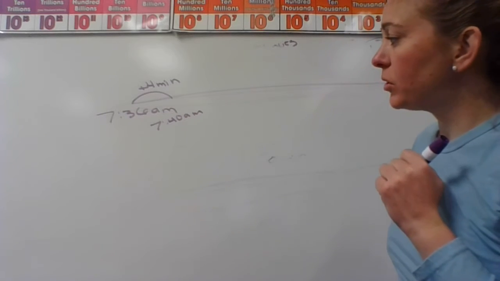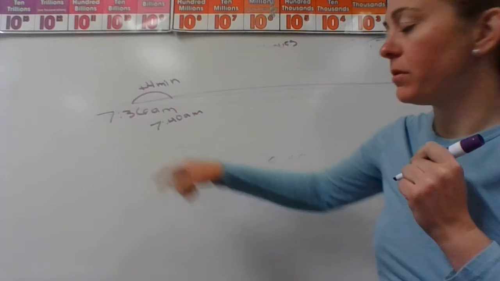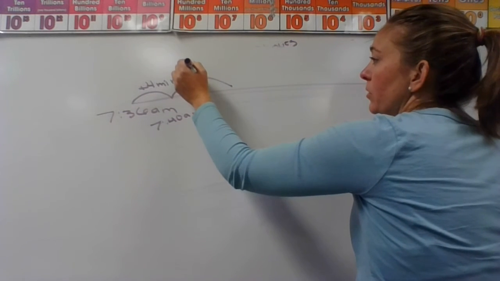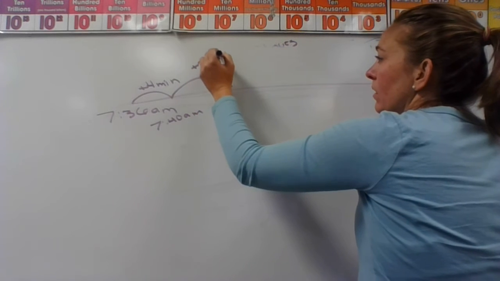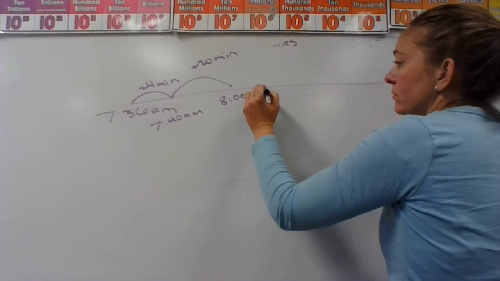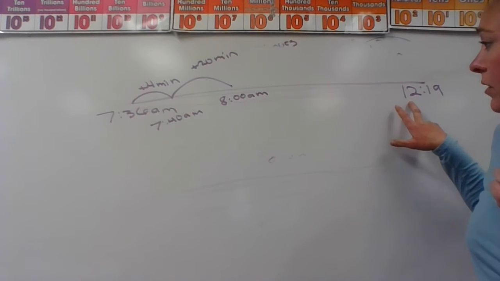And then I should only have to add another 20 minutes to get to the full 60 in the minute side, which would be 8 o'clock. 7:40 plus 20 is 60. All right, now I'm trying to get to the next big hour, so 12 over here from 8.